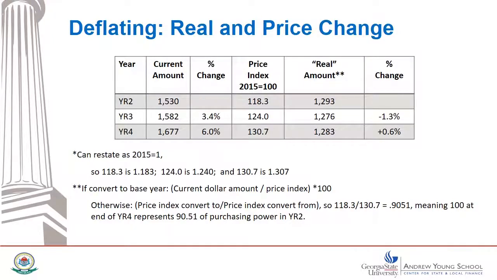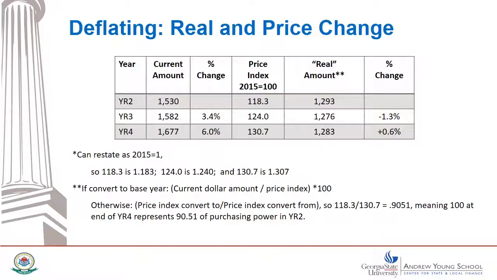Here's an example of how to use an index. In this example, there are 3 years of budget year data: year 2, year 3, and year 4. But realize it could be monthly information if the inflation index is monthly and that level of detail was useful. The budget amount for each of the years is shown, with the year 2 budget at $1,530.